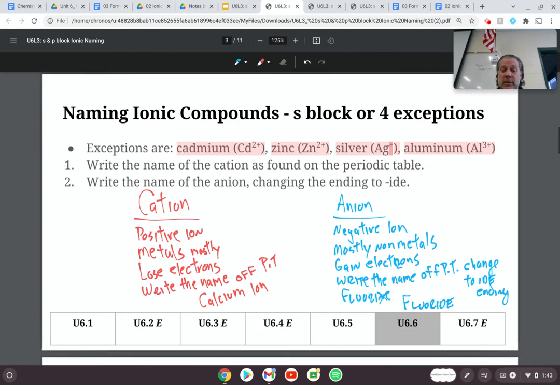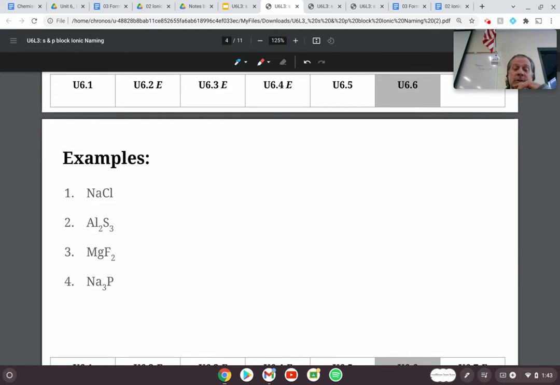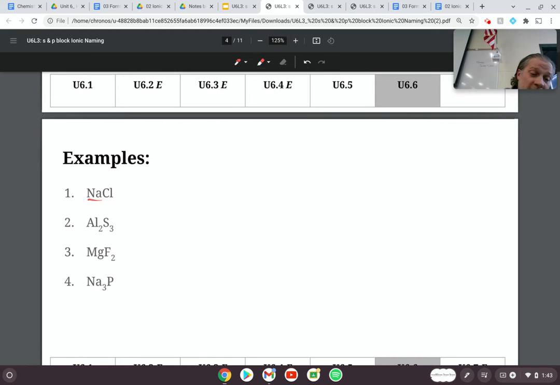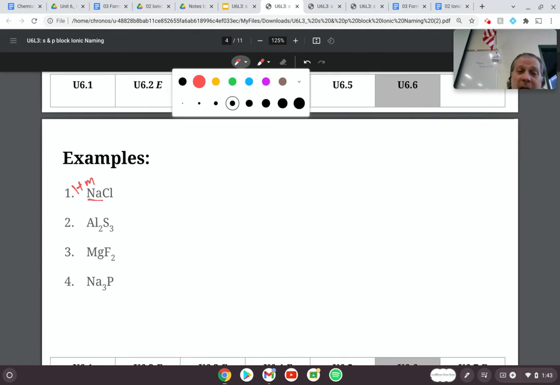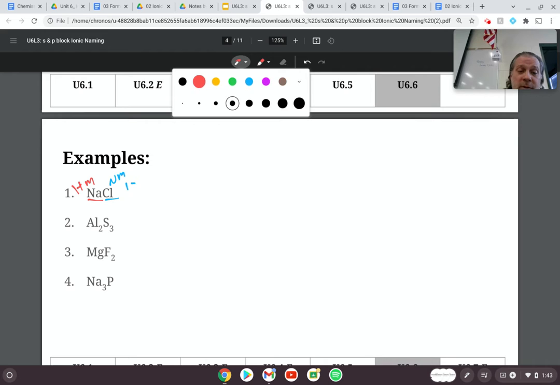So let's practice this, because this is all that skill actually is. So here I've got 4 examples. The first example is a metal and a nonmetal. Na is my metal, and I know it's got a charge of +1. Cl is a nonmetal, and I know it has a charge of -1. So I'm going to go to the periodic table and locate Na, and find its name, which is sodium.